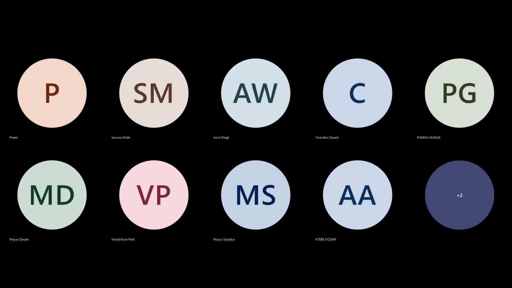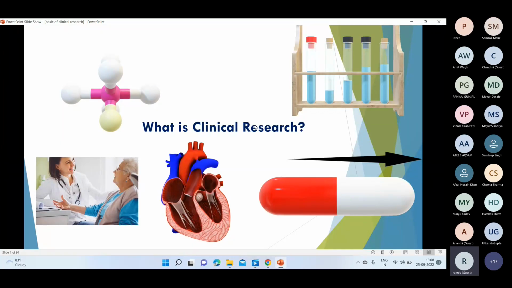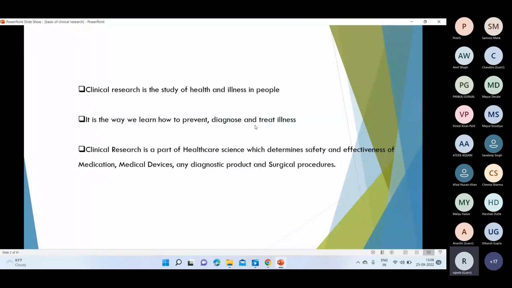About clinical research. First we need to understand what clinical research is. There might be many definitions, but the definition which defines clinical research clearly is that it is a study of health and illness in people.